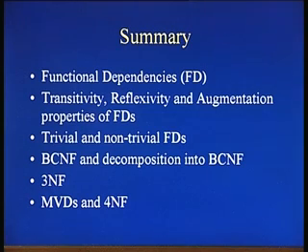We now come to the end of this session, and let us briefly summarize what we have studied here. We studied the notion of functional dependencies, which is a generalization over keys, and properties of functional dependencies like transitivity, reflexivity and augmentation, etc. We also saw the notions of trivial and non-trivial functional dependencies and how they affect BCNF, and how we can decompose relations into BCNF so that we can remove redundancies.